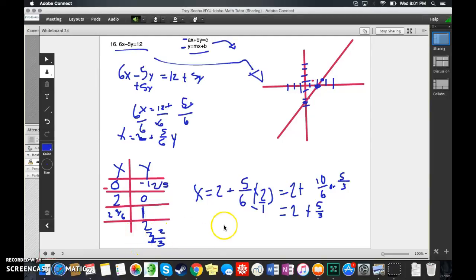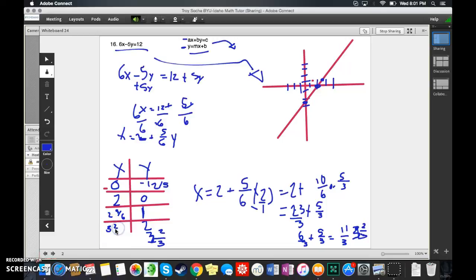And I'll show that it works that way. We need a 3 on the bottom in order for it to work, so we multiply that out. We get 6 over 3 plus 5 over 3 equals 11 over 3. 3 goes into 11 3 times with 2 left over, so we get 3 and 2/3. And that equals exactly what I said it would.